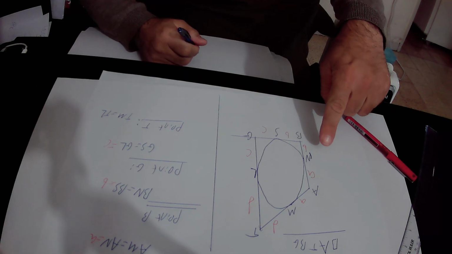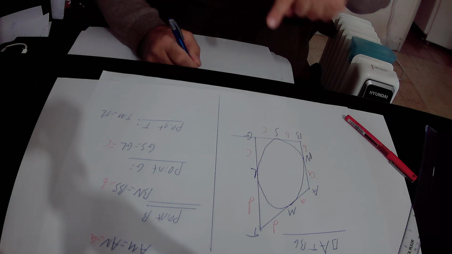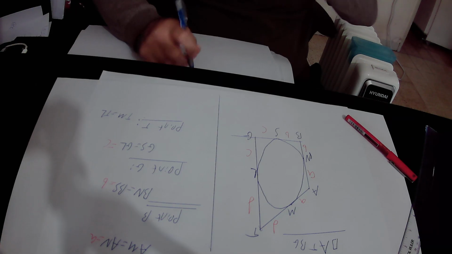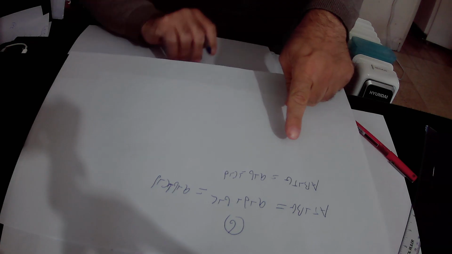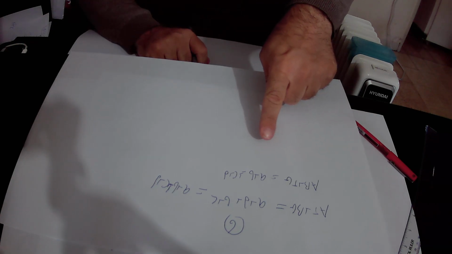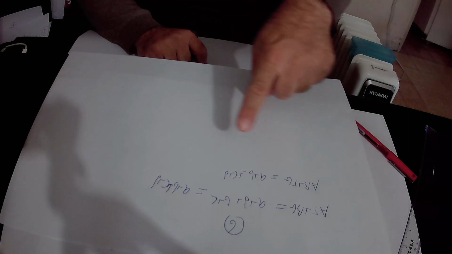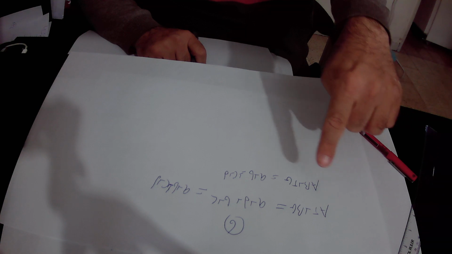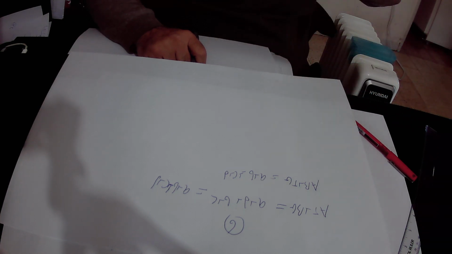It is very easy to see that AB is A plus B, and TG is C plus D. So in conclusion, we found out that AB plus TG equals A plus B plus C plus D, but AT plus BG also equals A plus B plus C plus D. Therefore, AT plus BG equals AB plus TG.